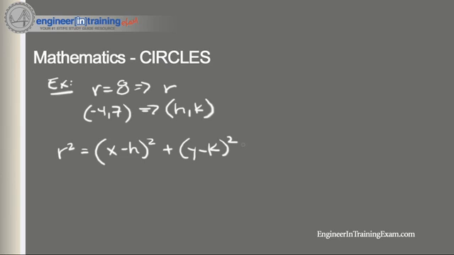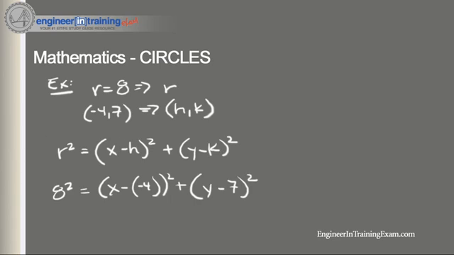All we need to do is plug in all the given information. We got 8 squared is equal to x minus -4 squared plus y minus 7 squared.